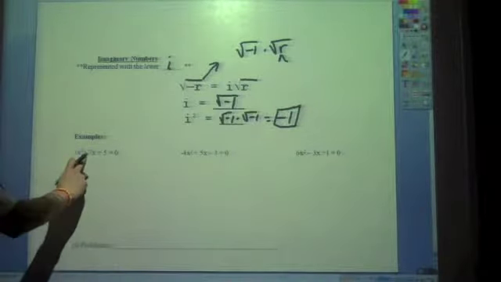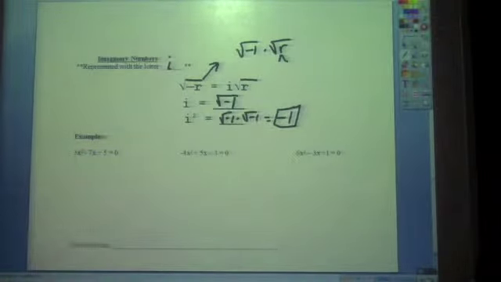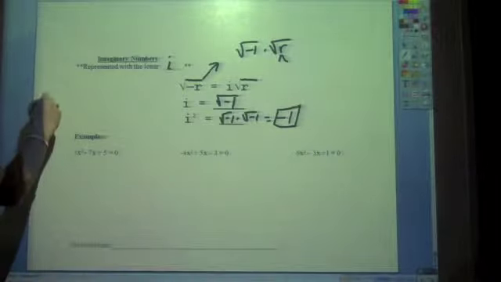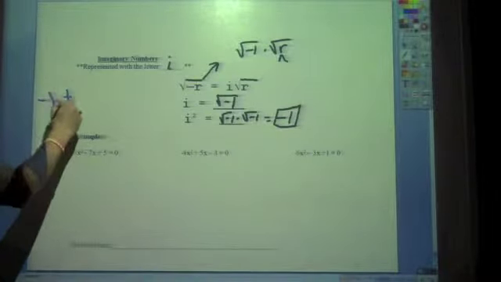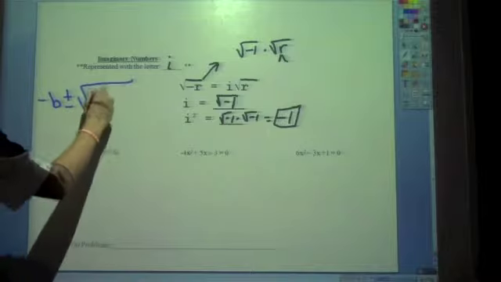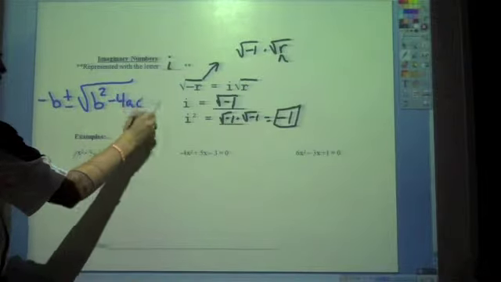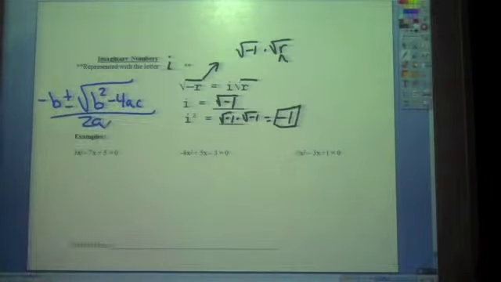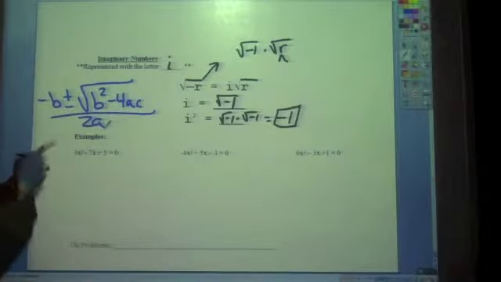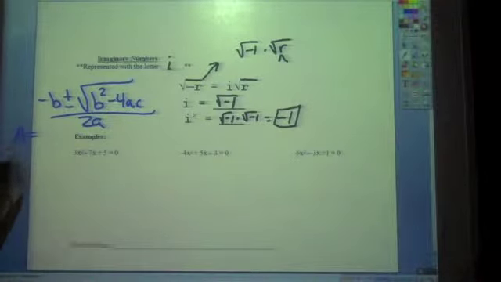3x squared minus 7x plus 5. We're going to use the quadratic formula. Remember, negative b plus or minus the square root of b squared minus 4ac all over 2a is my quadratic formula. The first thing I want to do is identify what a, b, and c equal.